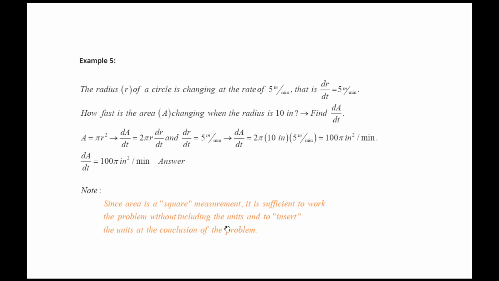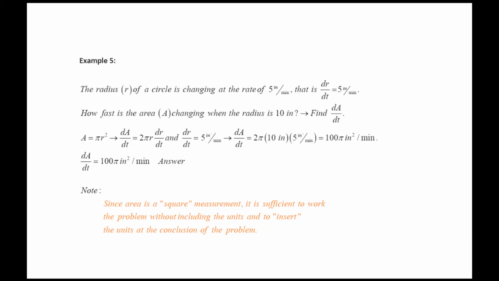Now, let's go to the note here. We're not going to put the units into the problem as we go along because it kind of muddies the situation. We're just going to use the fact that area is square units. Linear, like radius, would be just inches. Area is square inches. If it were volume, it would be cubic inches.